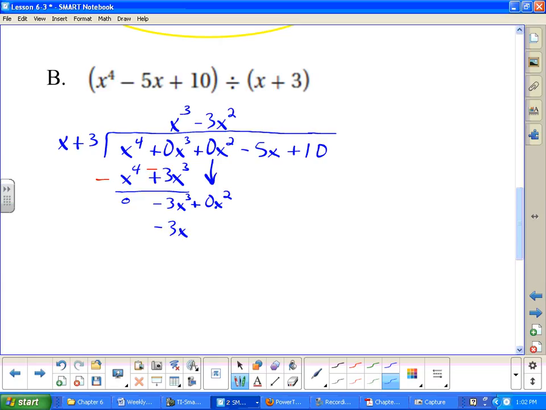Negative 3x cubed minus 9x squared. And you have to remember to multiply negative 3x squared times both of them. Okay. Then we subtract. When we subtract, we change the signs.